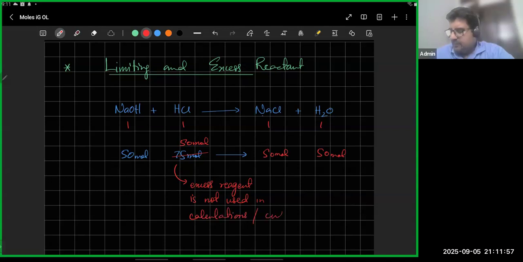You basically cut it out. And this is your limiting reagent, which is getting completely used up. So that's your limiting reagent, and all calculations are done using that.